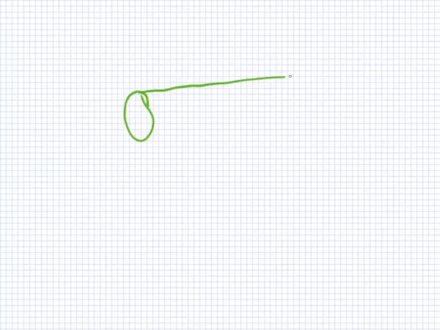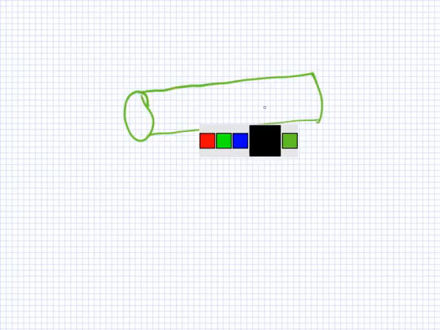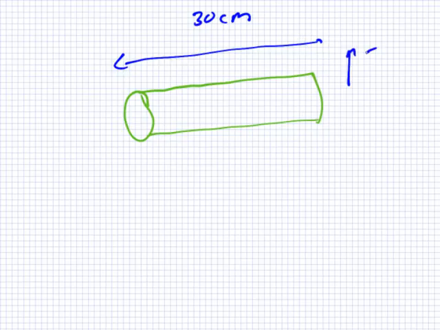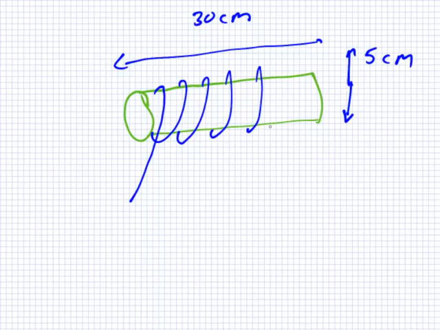Okay, so what you got here is your copper, your pipe, and it's 30 centimeters long, and it's 5 centimeters in diameter altogether. And then you have your copper wire wrapped around it, and this goes around 100 times.